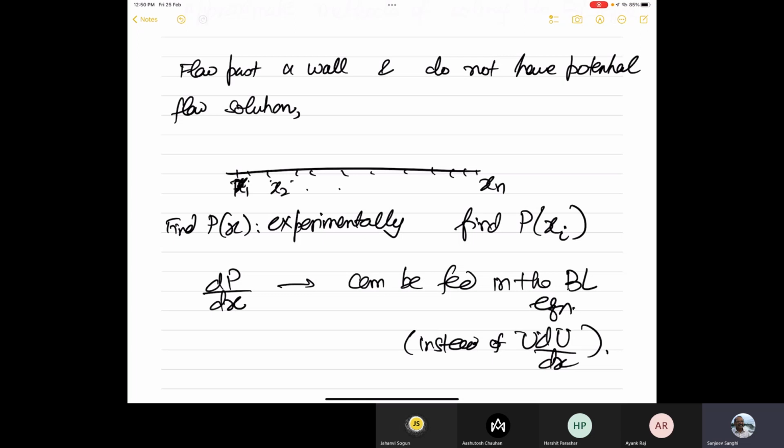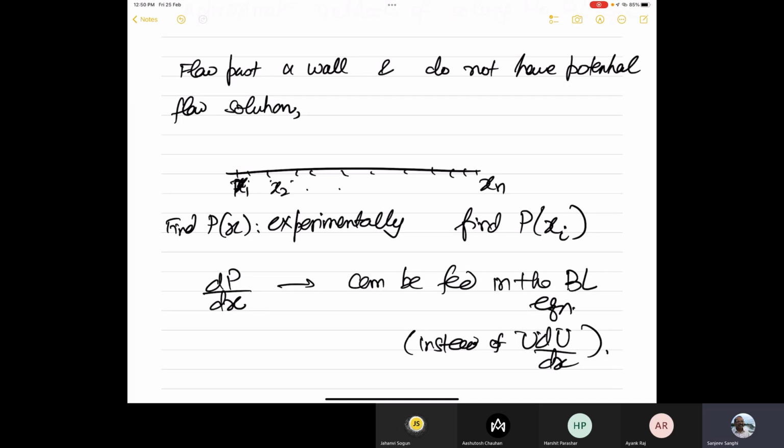If we cannot find capital U, or if we cannot find the potential flow solution, then we can find P of xi from experiments and then use these to solve the boundary layer equation. Okay? I have partially answered that question of the porous wall. Yes, sir. By this technique, one can do this. So that is how one does this.